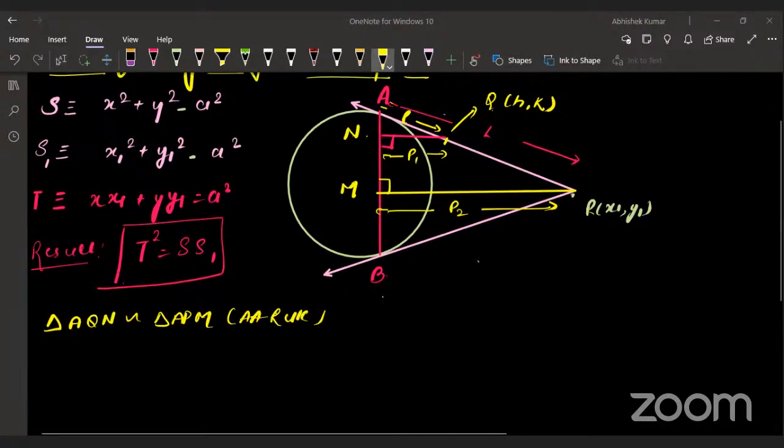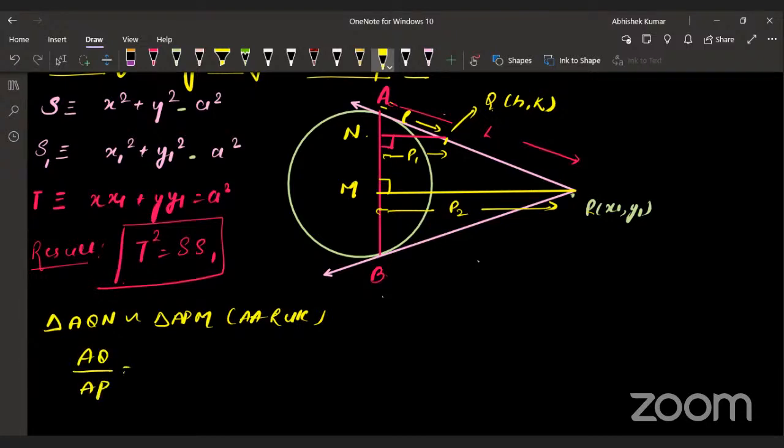If two triangles are similar, then the ratio of their sides is also the same. So you will have AQ upon AP is equal to QN upon PM. What's the value of AQ from the figure? That is small l, right? The value of AP is capital L. What is QN? That is P1 and that is P2. Fine. That's what we have. Yes, we constructed QN to be 90 degrees.